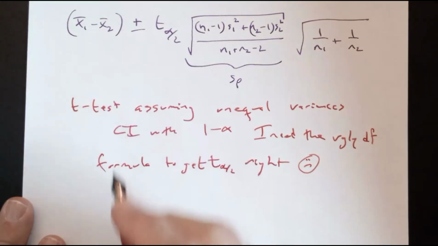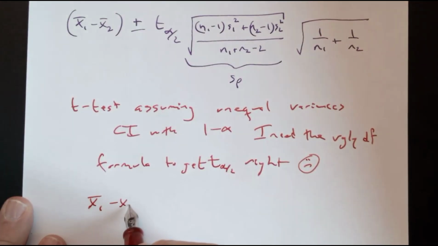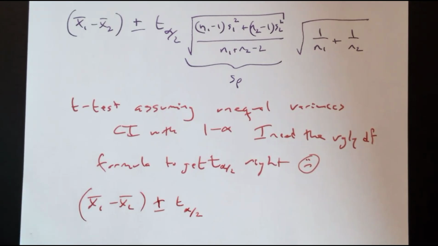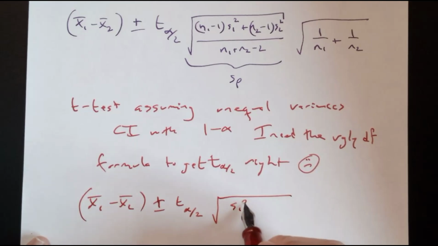I'll take the difference in the means. I'll use T alpha over 2 here. And then I'll use the nice version for the standard deviation. So this part gets easier. It's the DF that got harder.